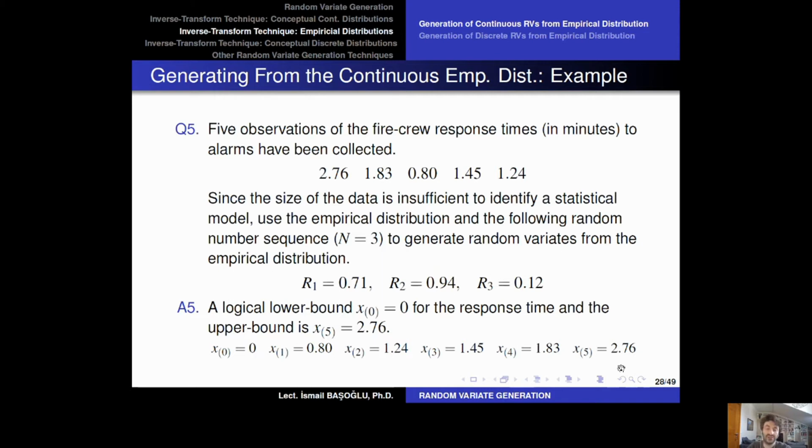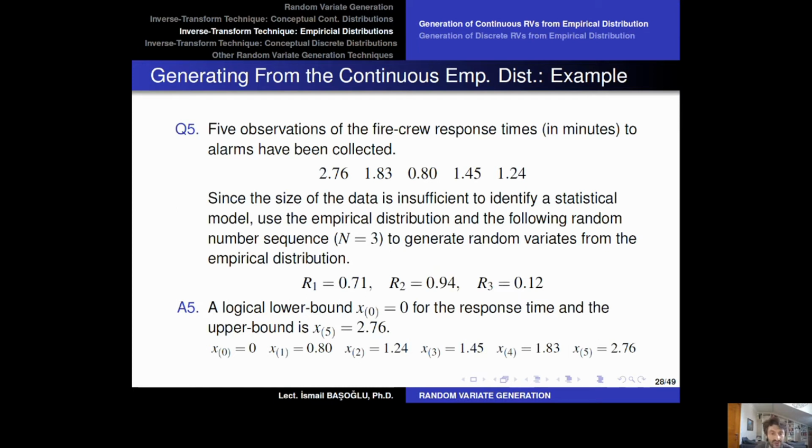How about the largest one? We can put a logical upper bound for the observations. So you can say x5 is 2.76, and you can add x6 is equal to 3.5. For example, the maximum response time is 3.5 minutes. How do you come up with that?